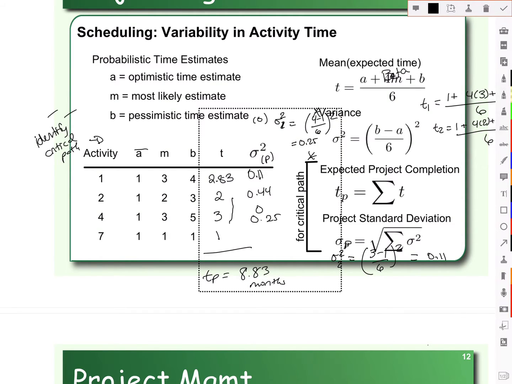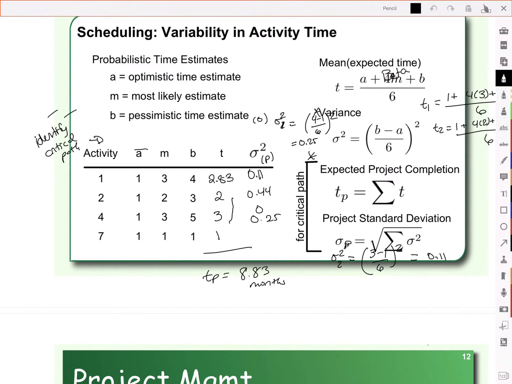Okay, so we want to find sigma p for the project. And we find that by taking the square root of the sum of the sigma squares. So we need to add up the 0.25 wherever it went.